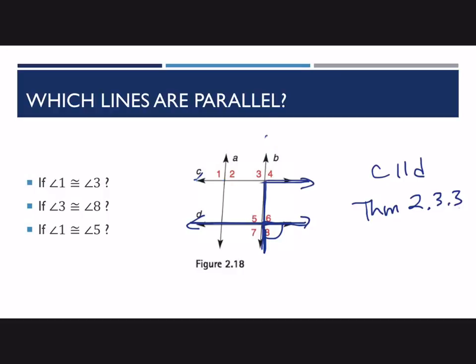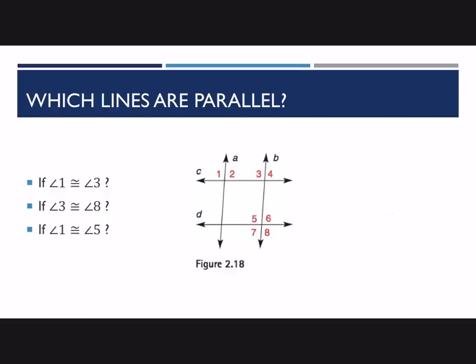And then finally, what about 1 and 5 if those are congruent? So let's trace those out. So here's 1, and here's 5. Okay, so all 4 lines are traced.